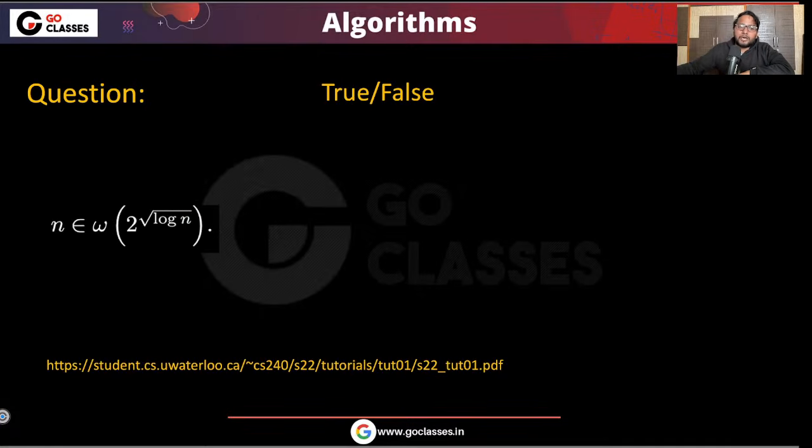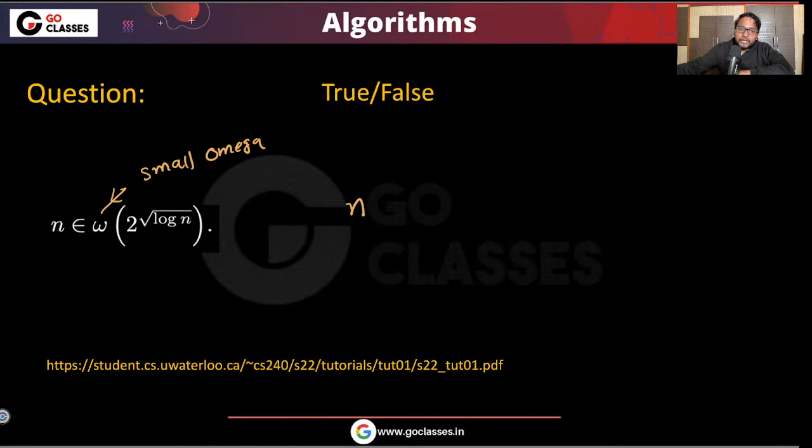Okay. Now let's see this. So n belongs to this. Is this true or false? What does this mean? It means that this is the small one. Can you tell me what symbol this is? In the small ones we have small o and small omega, right? Small omega.